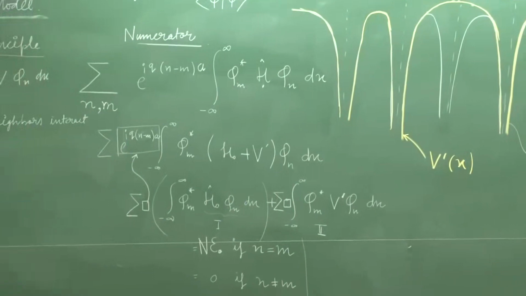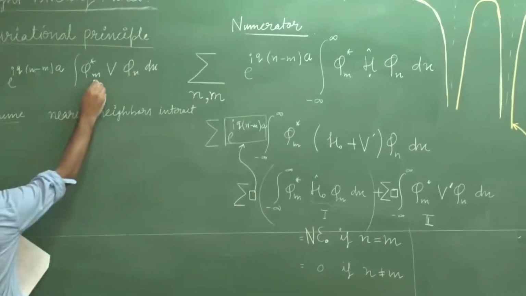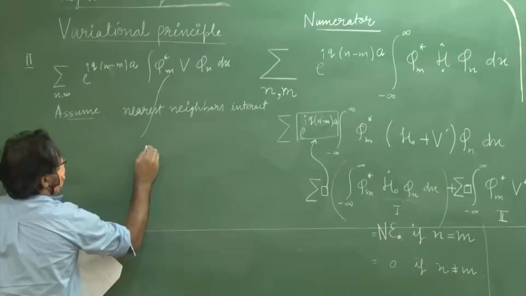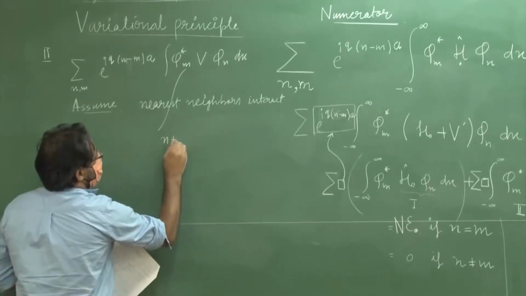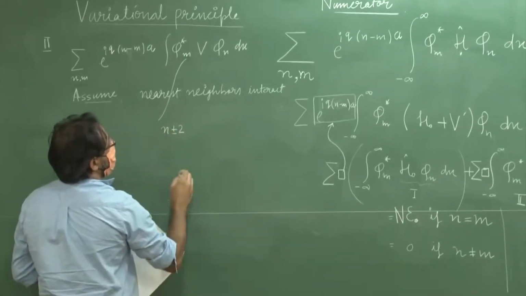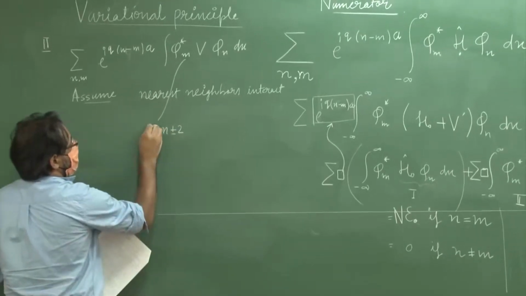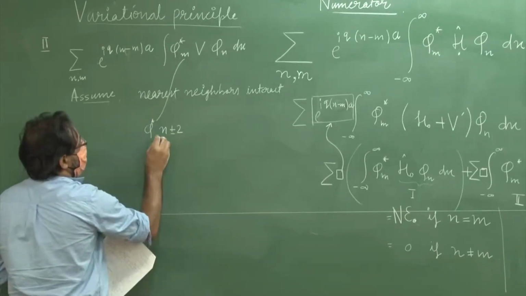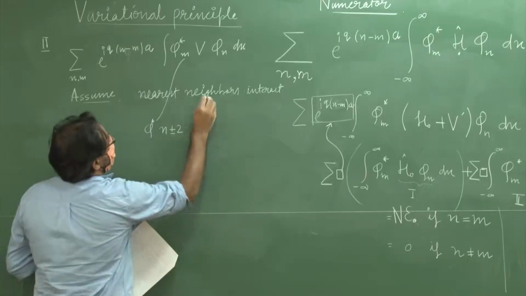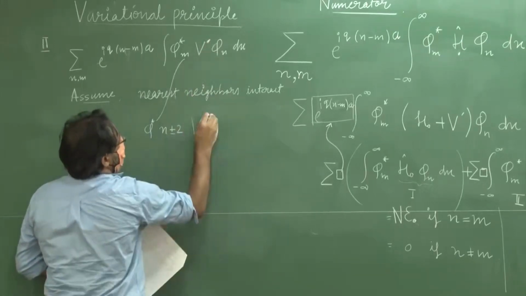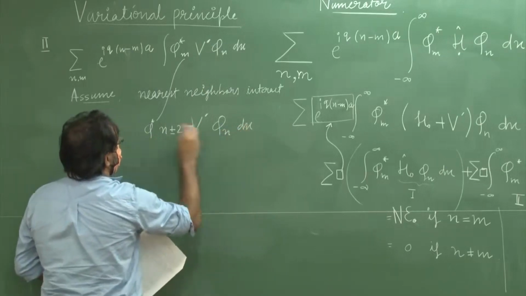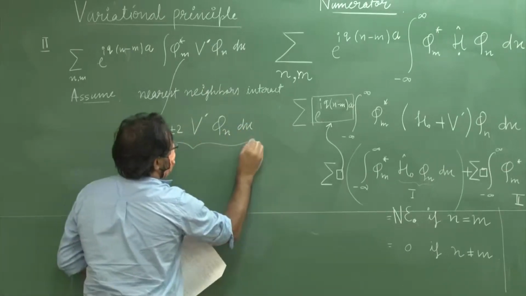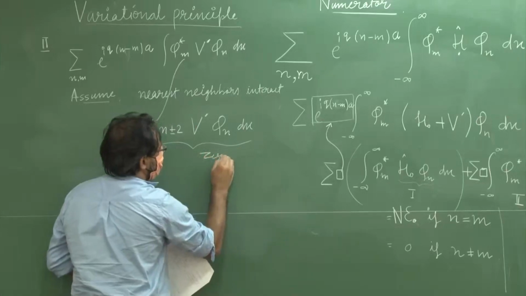So if m happens to be, let's say, n plus or minus 2, the integral of phi star n plus minus 2, v prime, phi n dx, then this quantity will be 0. There is hardly any overlap.